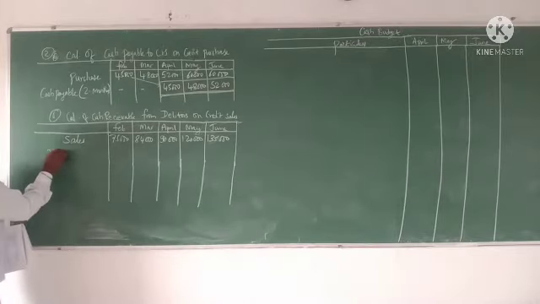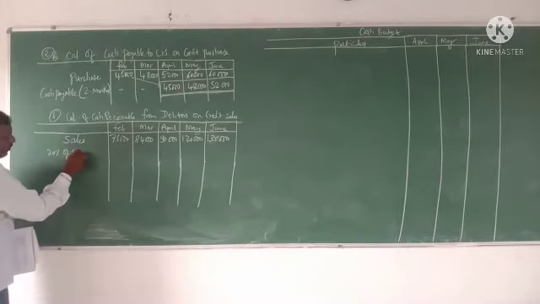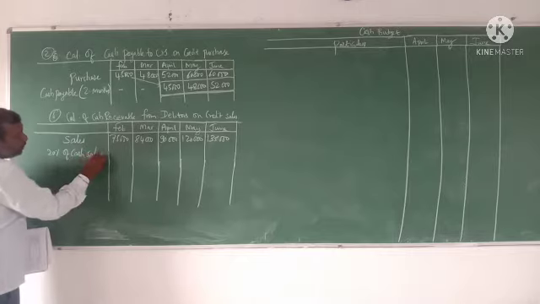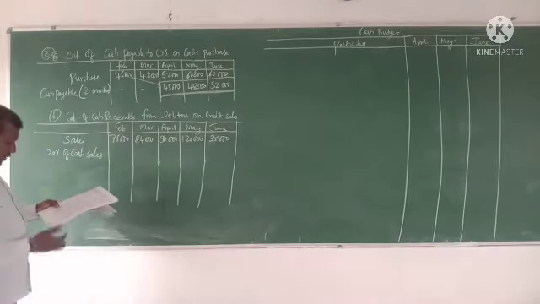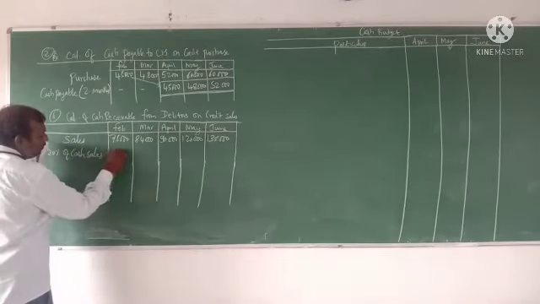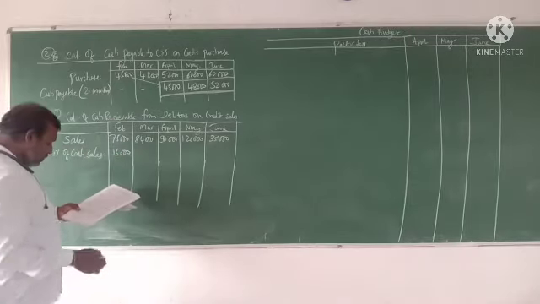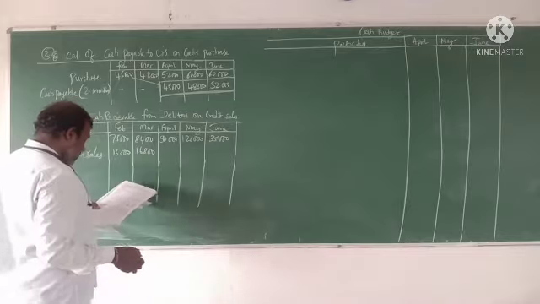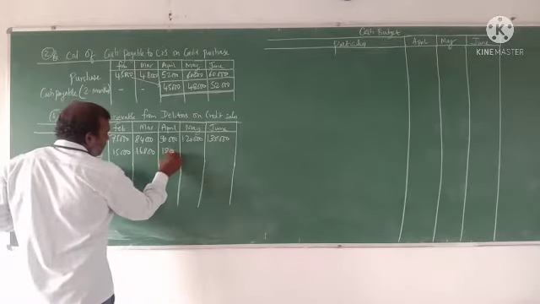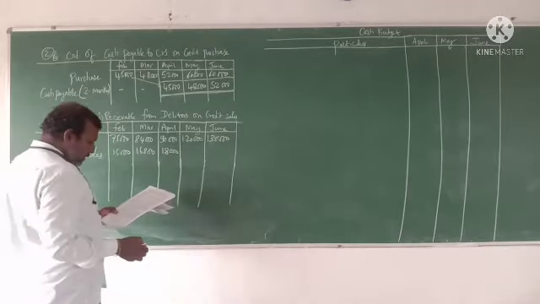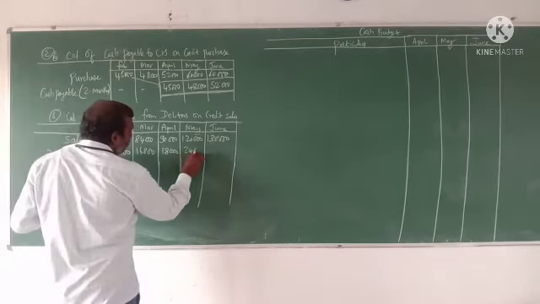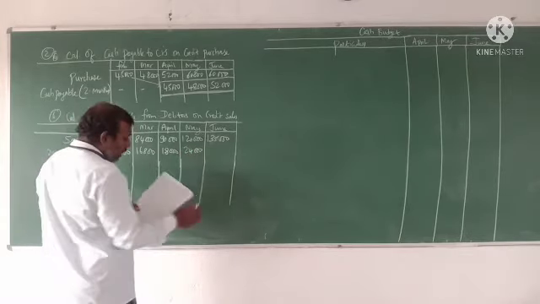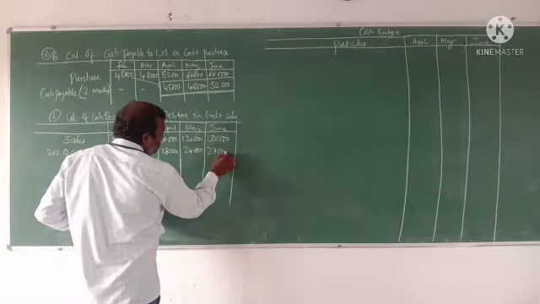Okay, 20% of cash sales. Out of 75,000, 20% if you calculate, you will get 15,000, 16,800. Out of 19,000, 18,000, 24,000 and 27,000.